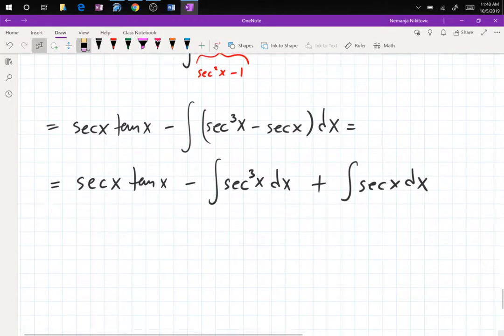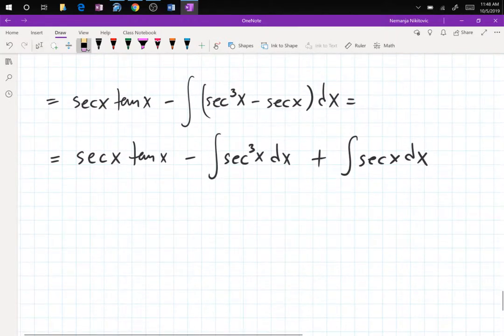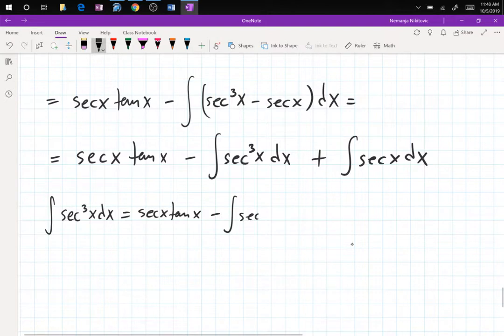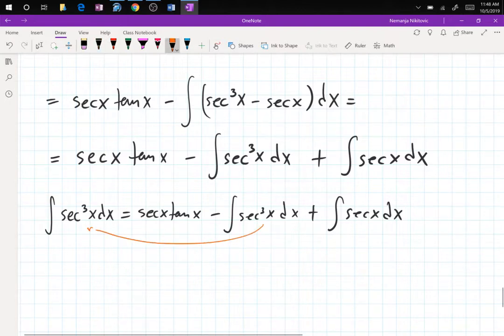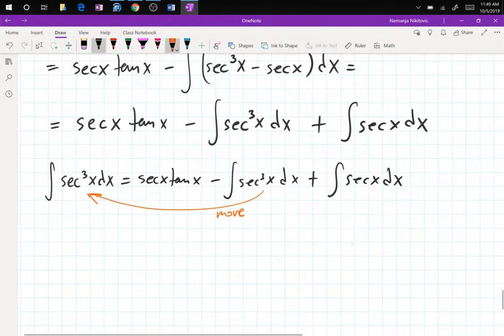So now what we have is that the integral of secant cubed x dx is equal to secant x tangent x minus the integral of secant cubed x dx plus the integral of secant x dx. We take this one and we move it over to create 2 integrals of secant cubed x dx.